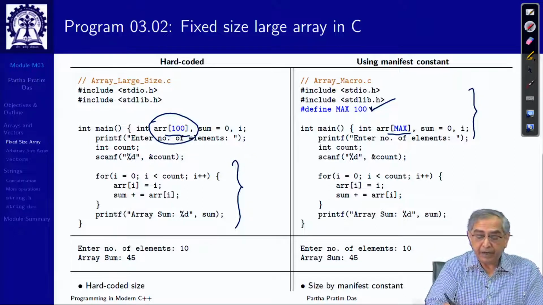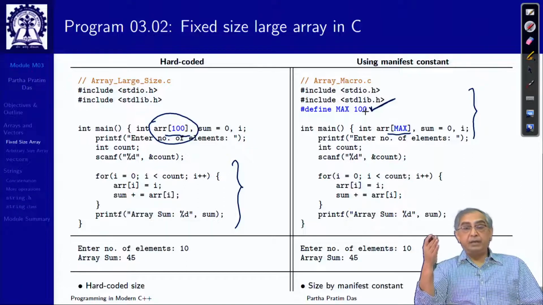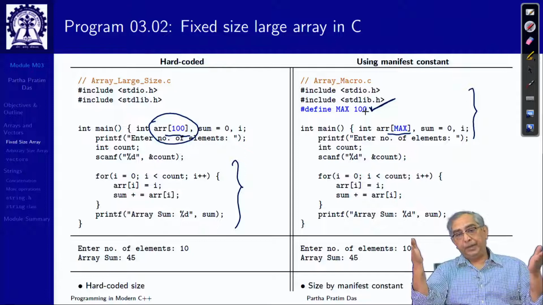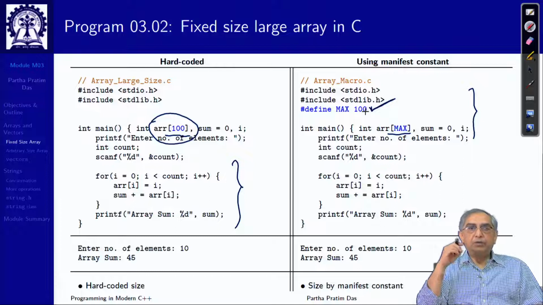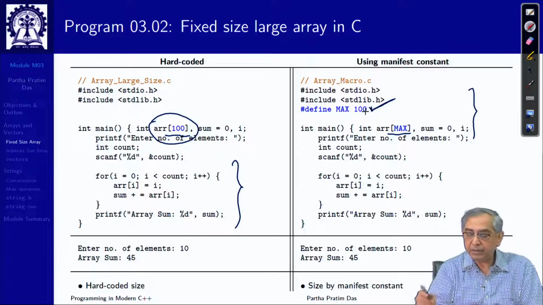Whereas, if we use a manifest constant, I can just simply change it here. It also gives another advantage: often a number of different arrays may have their sizes related. I am reading 2 vectors and adding them in a third vector. I have 3 arrays and all of them must have the same maximum size. If I hard code, I have to do the changes in 3 places, and I might miss one, but if I put the manifest constant and use that, the change is only at one place and solutions are simpler.